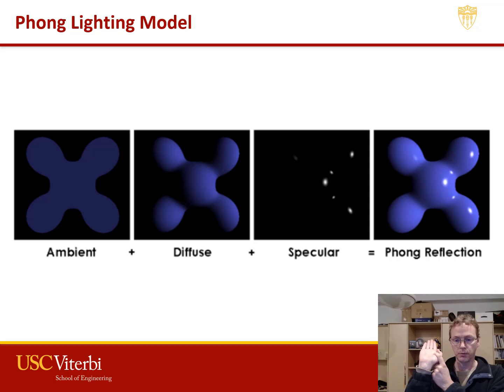If the normal of my surface is pointed right at the light source, very bright. As I make it less towards, so now the normal of my surface is pointing this way, the light source is up here, it's not as bright. And then once I get to 90 degrees, you can even see the shadow of my hand coming across. Now I'm in shadow and I don't get any contribution from that light anymore. Okay, so that is diffuse.